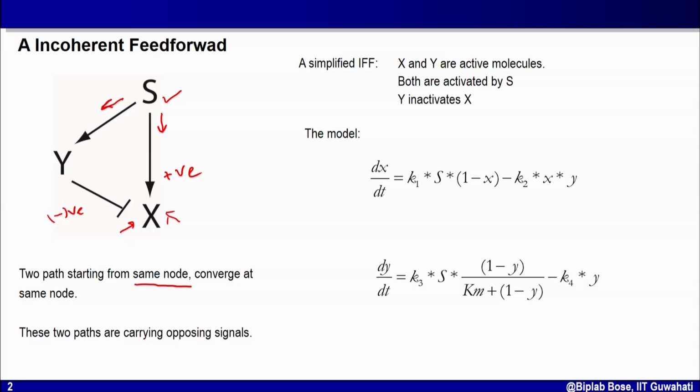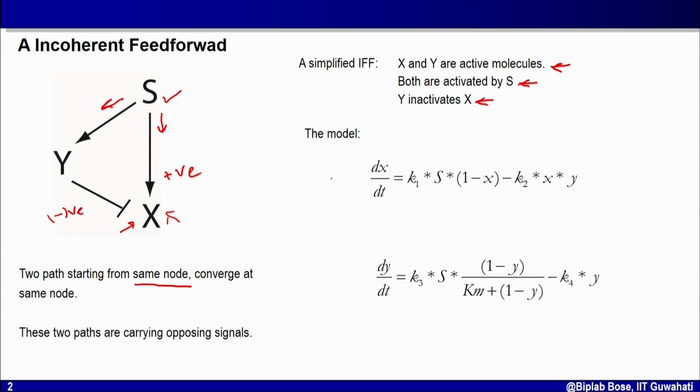So what have I considered? I have considered that both X and Y are active molecules. I have not separately shown the inactive state of X and Y. Both X and Y are activated by S, as shown in the figure also, and Y inactivates X. If these are my basic assumptions, then the model that I have written in terms of ordinary differential equations is like this.